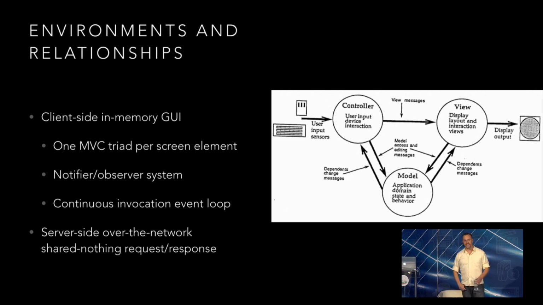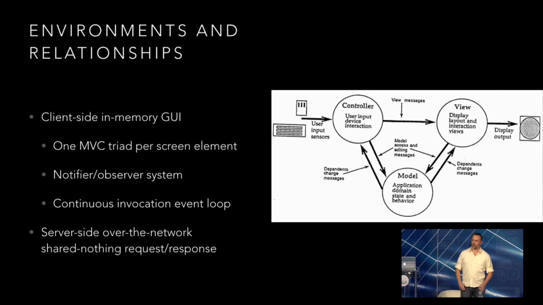There is not a single Model View Controller setup for the application on the client side. Instead, there is a Model View Controller triad for each element on the screen. Every button has a Model View Controller triad attached to it. Every text field, every slider, every window, everything, including the screen itself, has a Model View Controller triad attached to it.